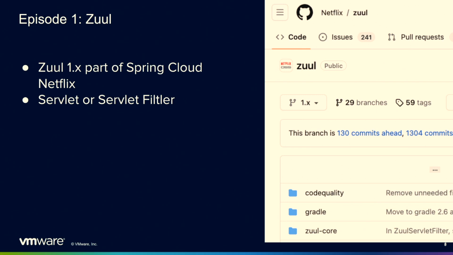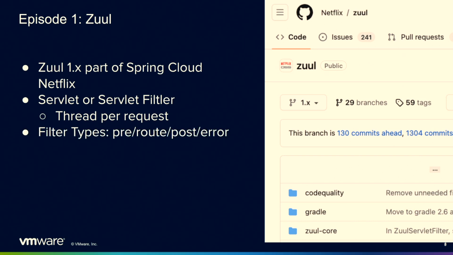Zuul had two ways of use. It could be a servlet or a servlet filter, which meant that this was a thread per request model, so you're limited by the capacity of the hardware that you're running on. There were 4 different filter types: pre, route, post, and error.